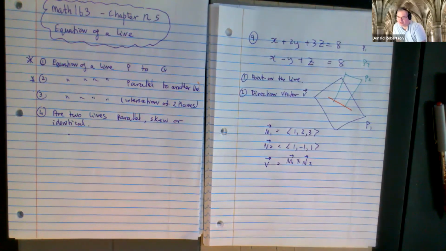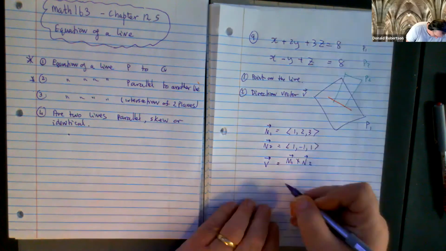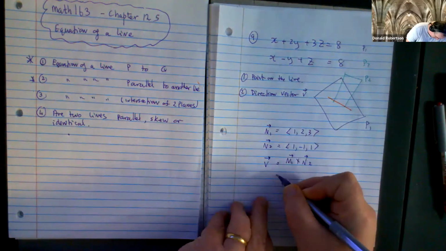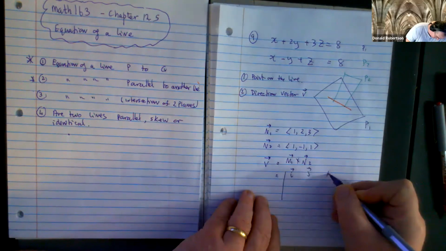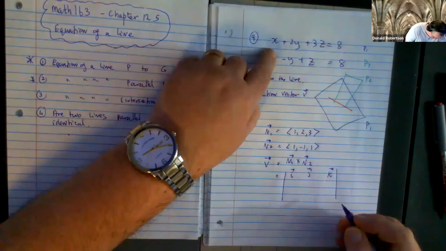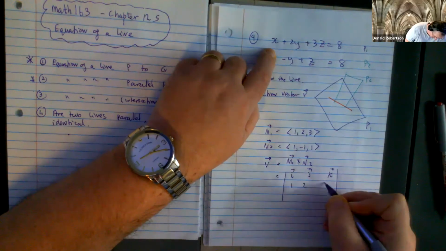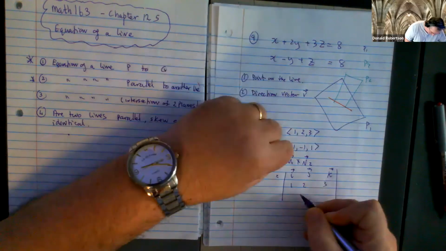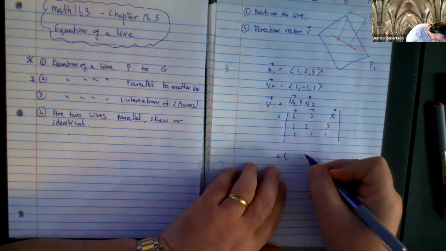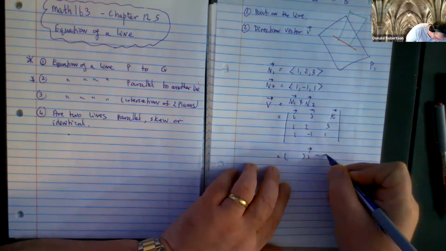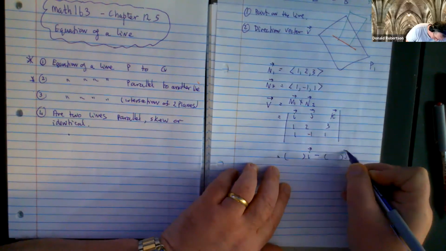The chances are it's going to be the one you want. So in this case, hope I've got enough room to squeeze it in. We have an I, a J, and a K. The first row is 1, 2, 3, and the second is 1, -1, 1. So that's going to be so many I's, take away so many J's.